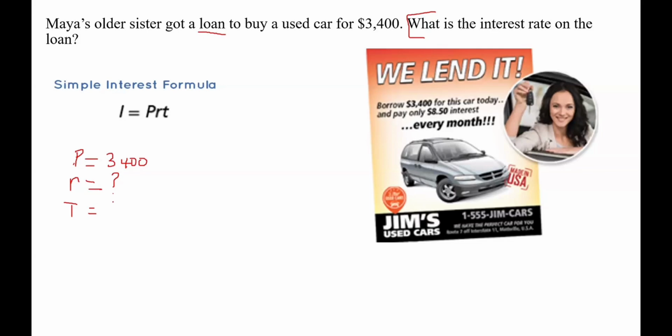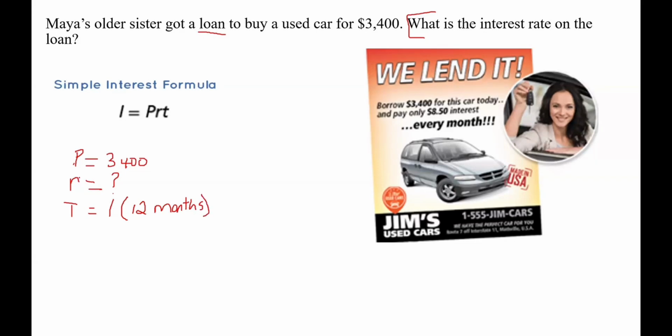So the time is 12 months, which is the same thing as 1 year. So I'm going to write 1 year, or you can say 12 months. But as we said before, we do not use months. Simple interest is calculated using years.